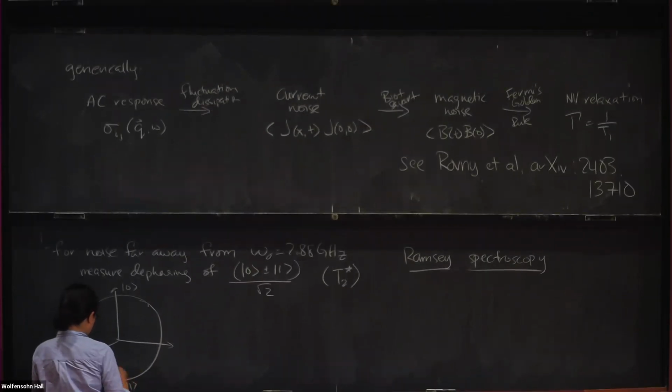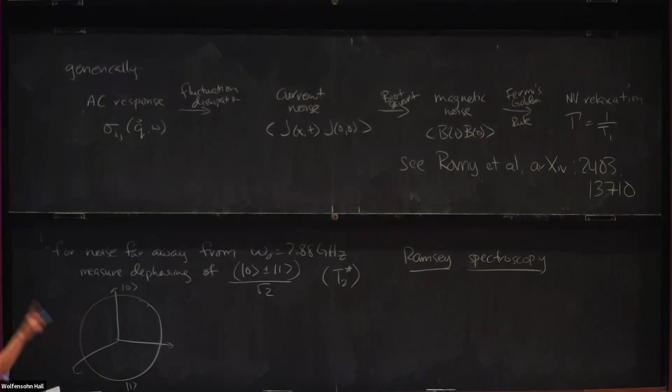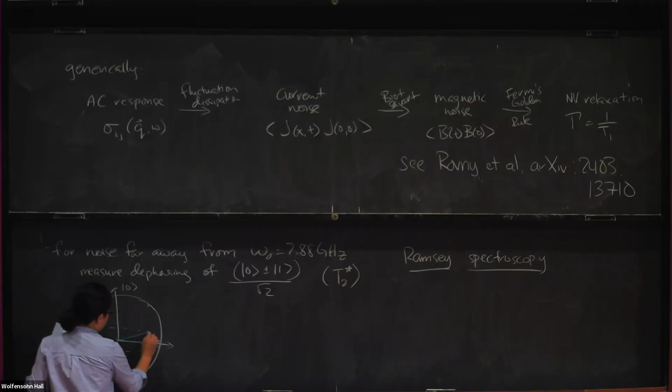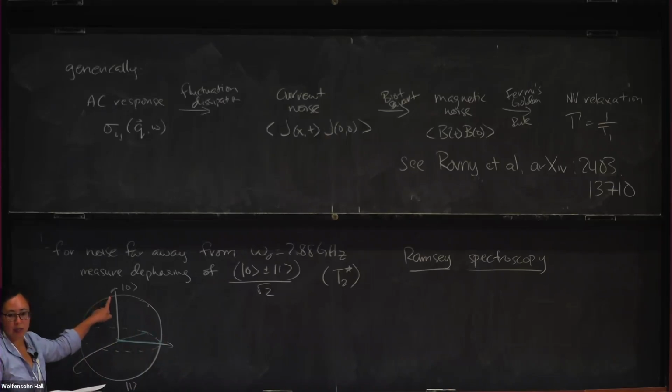Okay, so what I'm going to do is prepare the superposition state. So this will be on the equator of the Bloch sphere. And then after some instance of the experiment, now we have to draw in 3D. So here's my equator. This thing will evolve so that when I do my final mapping of this phase onto a population, it will not all come back to the original eigenstate.